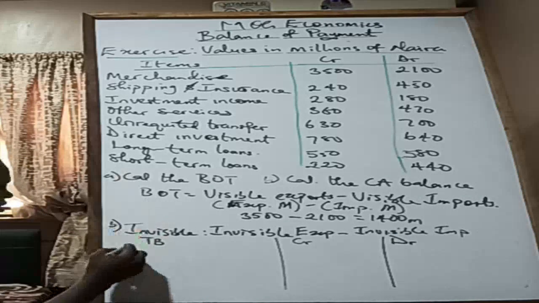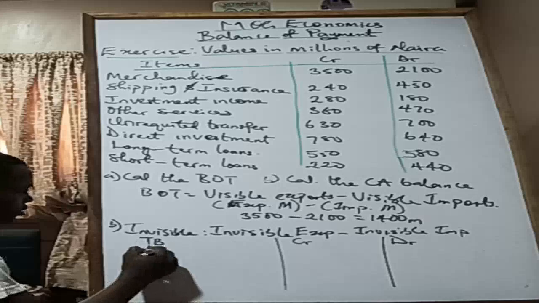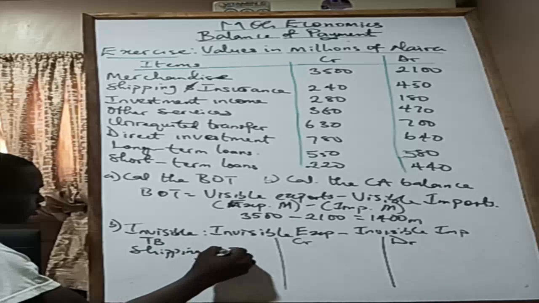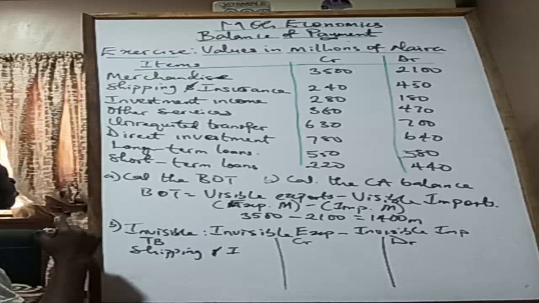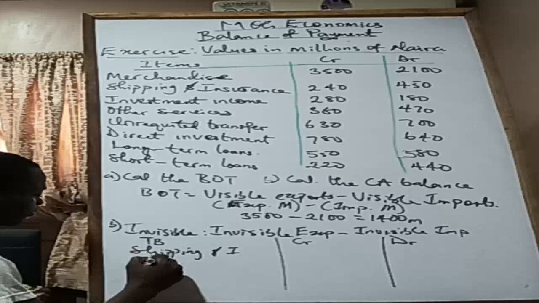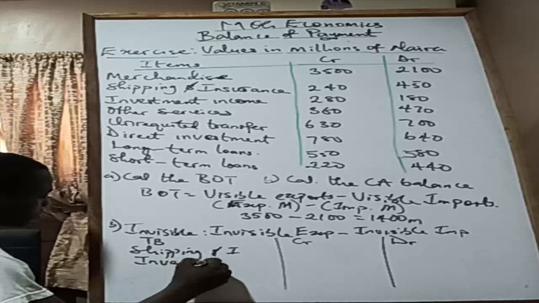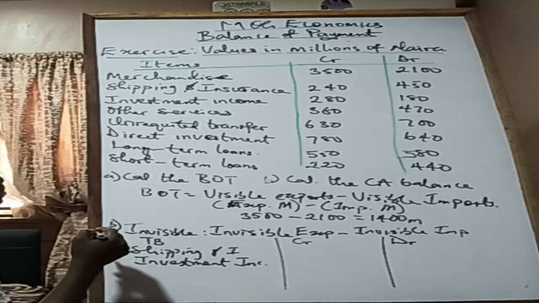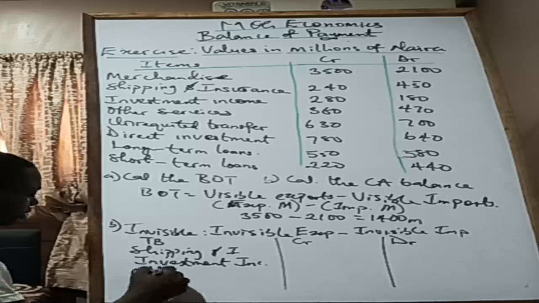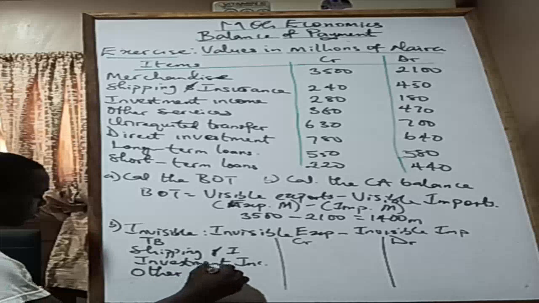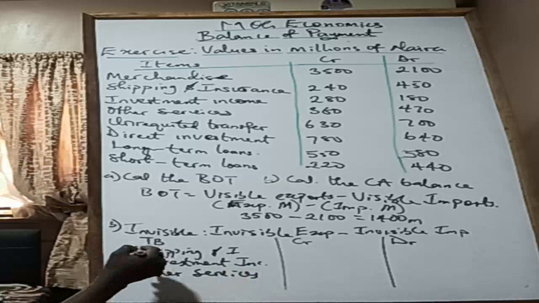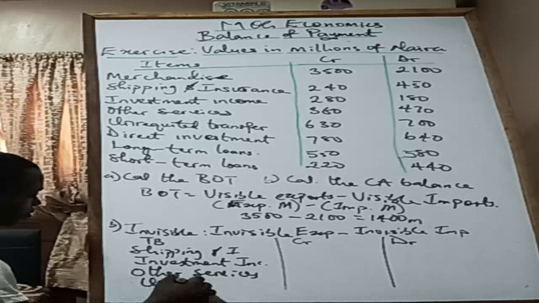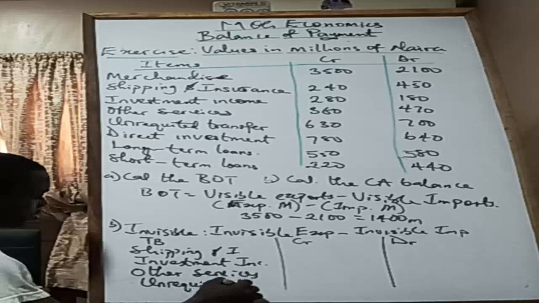Then we begin to list the items. We have shipping and insurance, investment income, other services, and unrequited transfer.